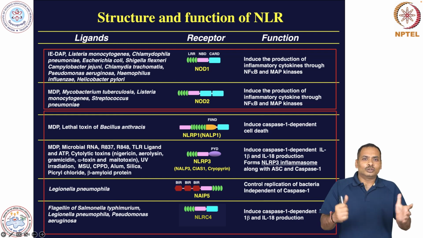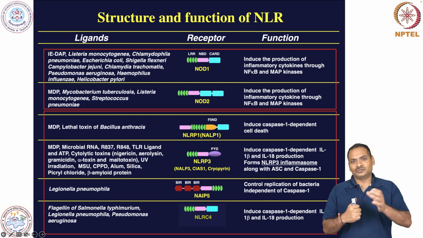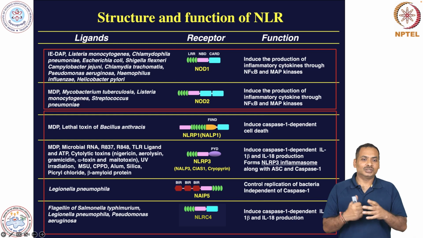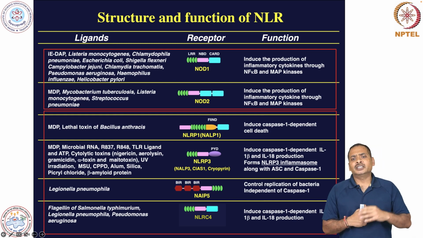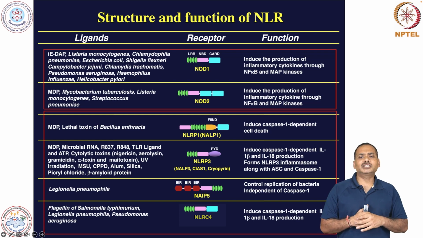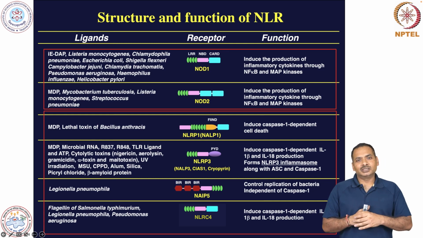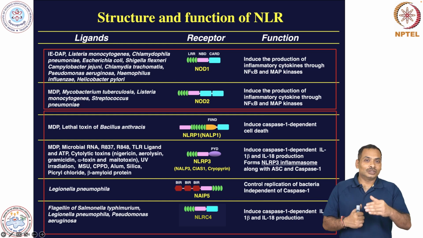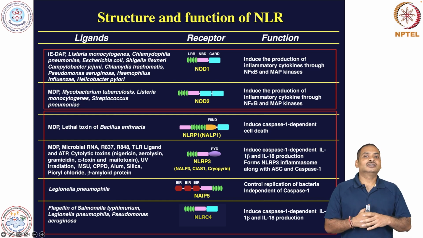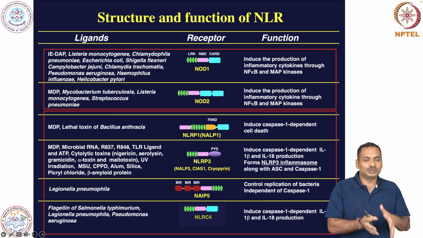So I will not go into more detail about Bacillus anthracis, but this is just for your information. It's a special note you can remember. Okay. And this basically induces caspase-1 dependent cell death. Okay. So NLRP1 is basically involved in cell death. I told you in the beginning of this session that functionally they have two major categories.